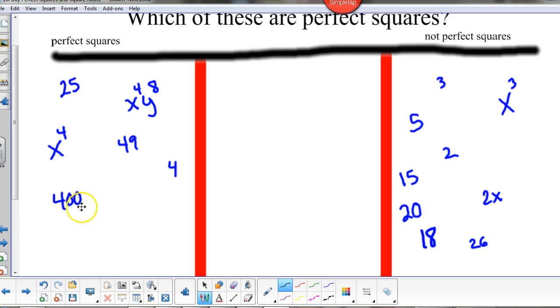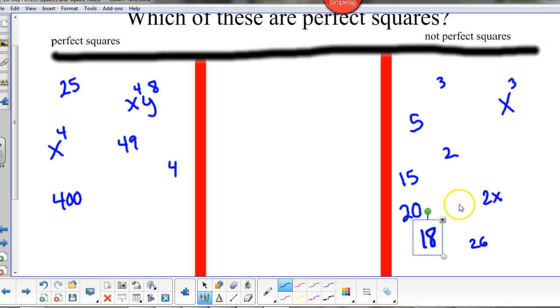400, perfect square of 20. 4, obviously, right? And then these ones over here are not perfect squares. However, some of them, like 20, 18, even x to the third, they have perfect square factors. 20, one of the factors of 20 is 4, which is a perfect square.